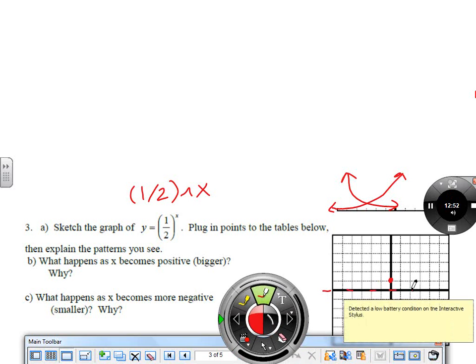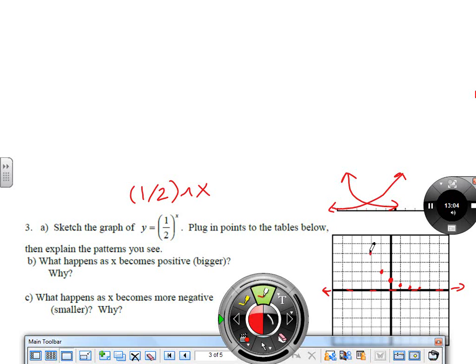It still eventually gets closer and closer to becoming, but doesn't actually meet this line at 0. Except for over here, when I plug in positive 1, I get 1/2, and positive 2 is 1/4, and then 1/8. Negative 1 is 2, and negative 2 is 4. So they are different in the pattern of their shape and in the direction that they're going. However, they're similar in the fact that they still have this consistent point and they still approach this same asymptote.